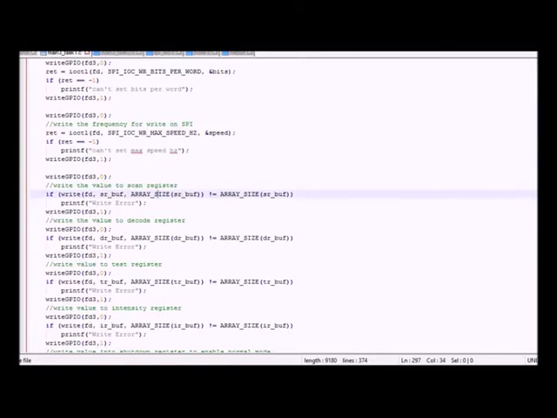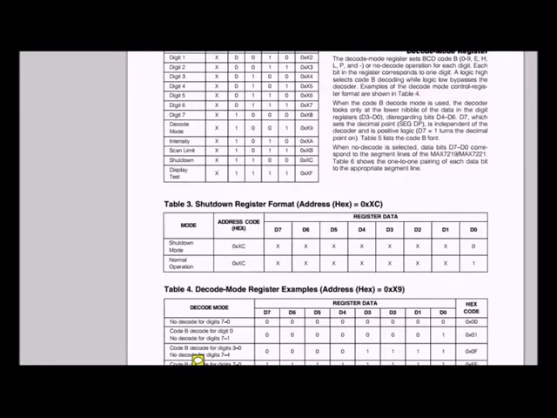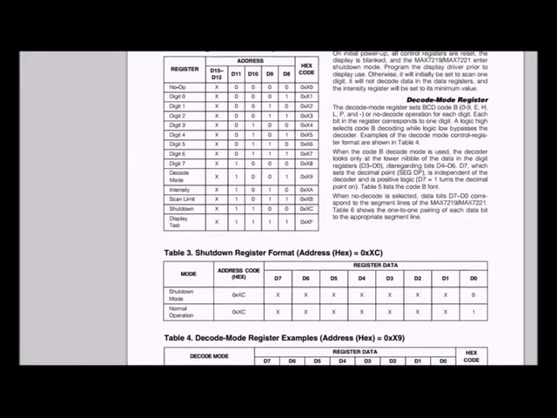Before writing different patterns to the LED matrix, we have to configure the MAX7219 driver to accept patterns. If you see the data sheet of MAX7219, there are different kinds of registers. You can see here the decode mode register, the intensity register, scan limit register.